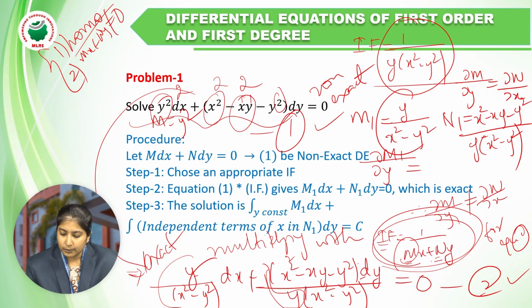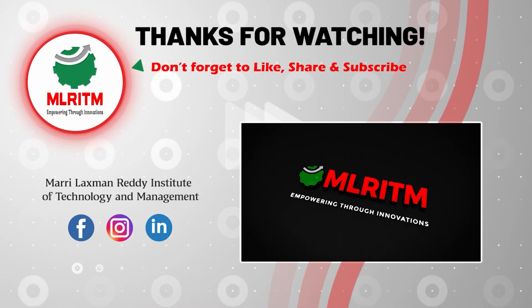Till here you just remember that we have to find the integrating factor, multiply the integrating factor with the equation, and then find the solution. In the next class again we will come back to finding the integrating factor and whether the given equation is exact or not.